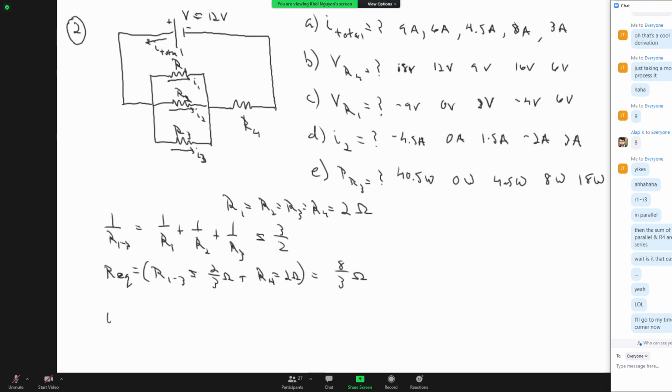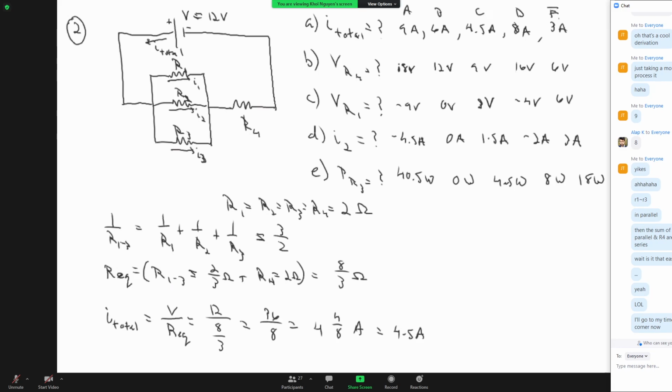I total is equal to V total divided by REQ. So that's 12 divided by 8/3, or 36 divided by 8. That goes into it 4 times, and 4/8 are left over. So 4.5 amps.